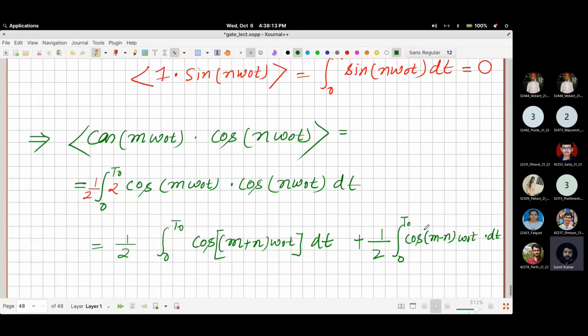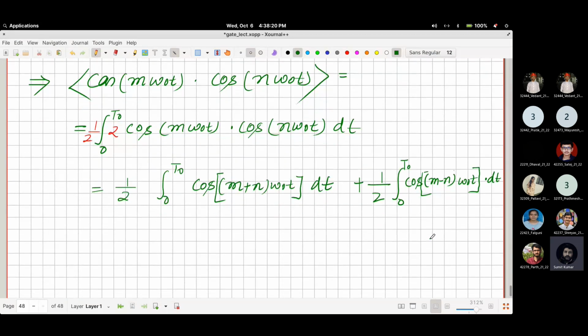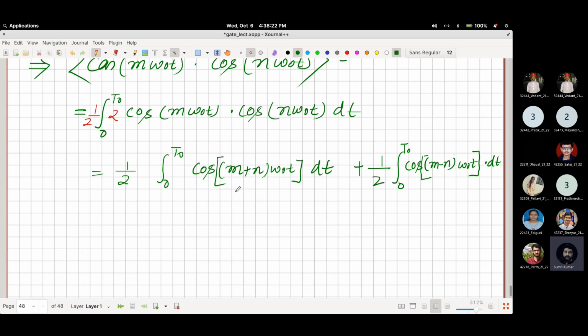Is that clear? Right? यही आएगा ना हमारा. दो अलग अलग इंटीग्रेशन मिले. मुझे बताओ इसका वैल्यू क्या होगा और इसका वैल्यू क्या होगा? What are these values going to be? So you see that here you will be getting m plus n cycles between 0 to t naught, isn't it?